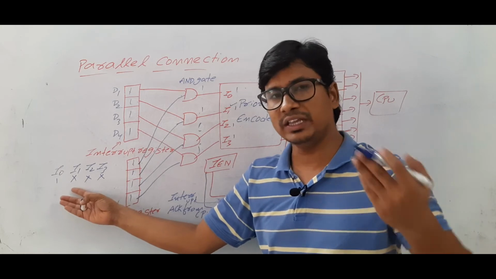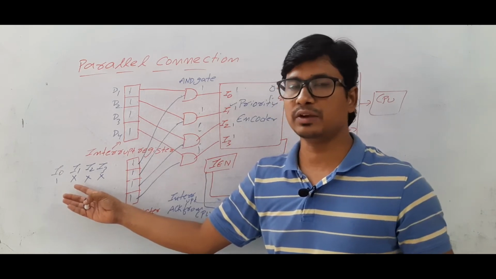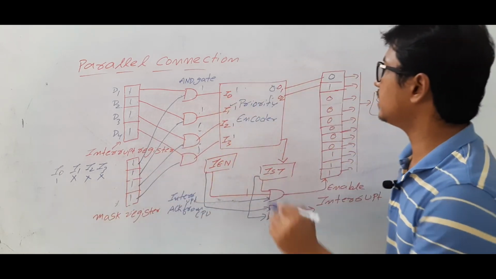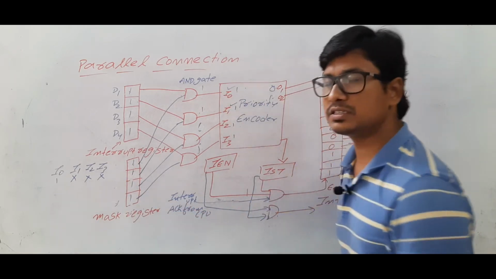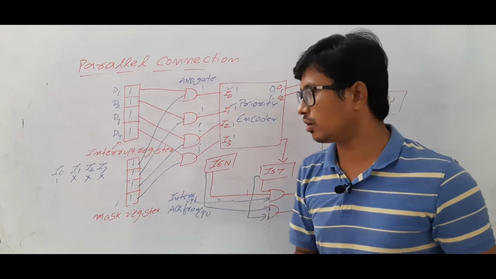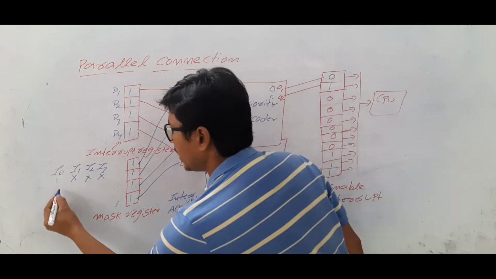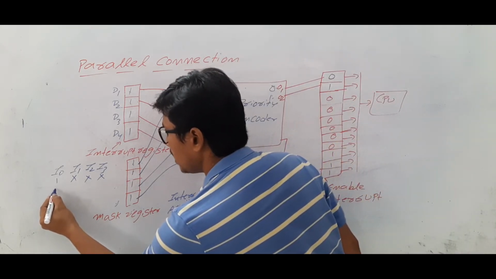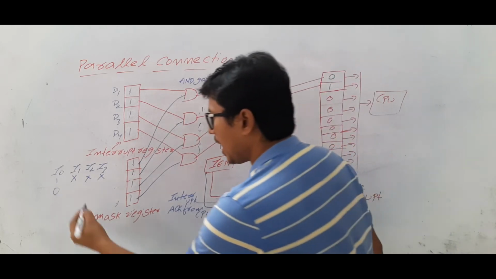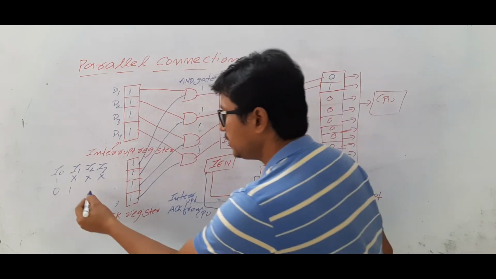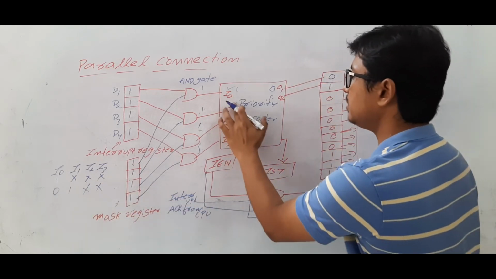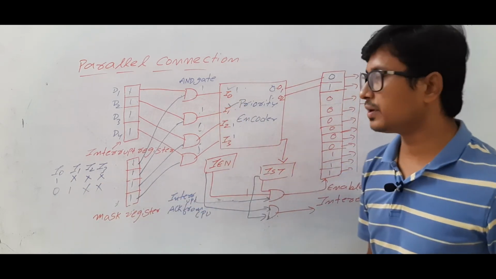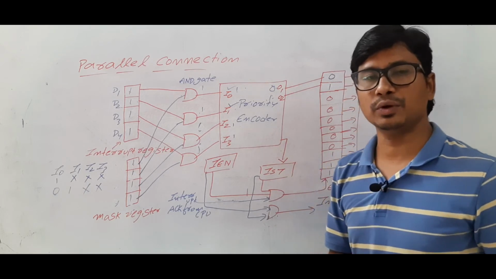The meaning is that whether it is 0 or 1, we will not consider it. And then I0 will be executed. It will get the priority, because this is what the priority encoder does. Let's take that whenever I0 is 0, I1 is 1, and I2 and I3 are whatever, 0 or 1, I1 will be enabled. Are you able to understand? So that is what the priority encoder does.